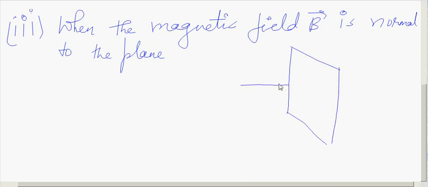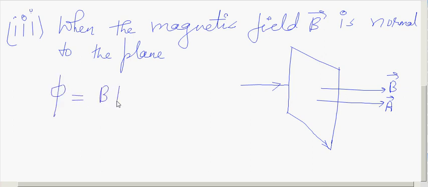Now let us say the magnetic field lines are cutting through the surface, and area vector is the vector which is drawn perpendicular to the given area. Now here the angle between B and A is 0. The flux phi is BA cos 0. Cos 0 is 1. It is BA.